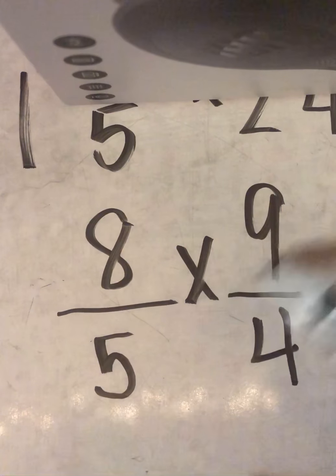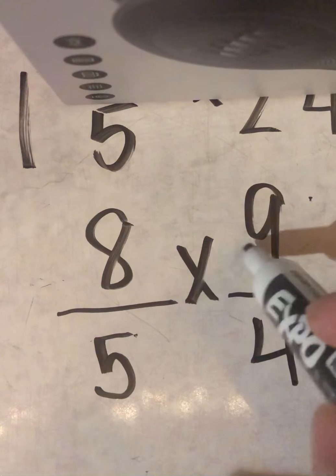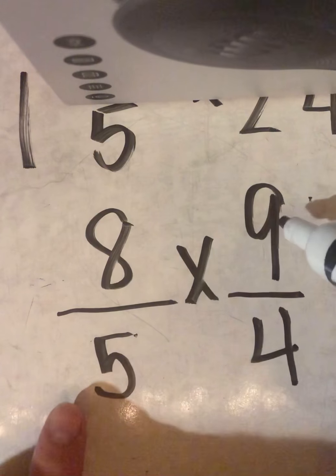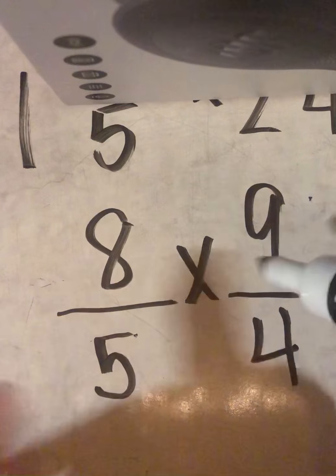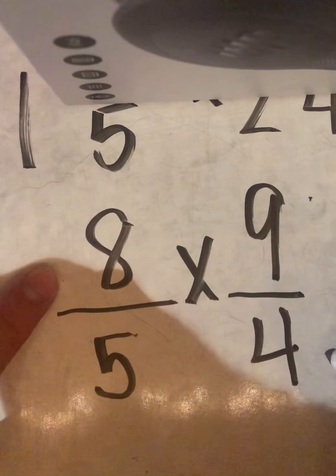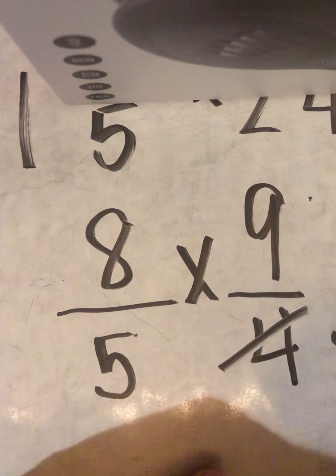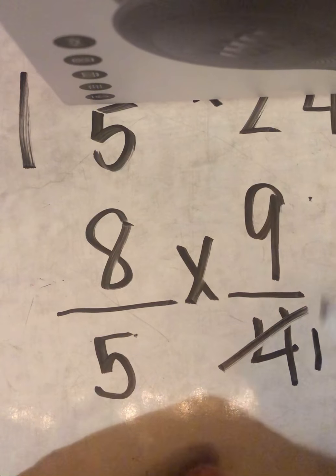So now when we cross simplify, we're looking at the opposite numerator and the opposite denominator. 5 and 9 share no common factor, therefore I leave them alone. 8 and 4 share a common factor, and that's 4. 4 divided by 4 is 1. 8 divided by 4 is 2.